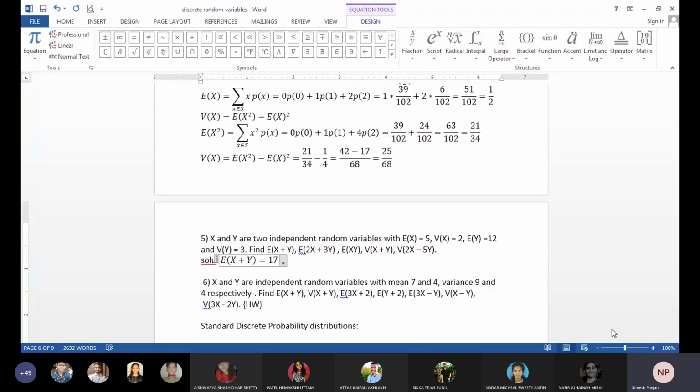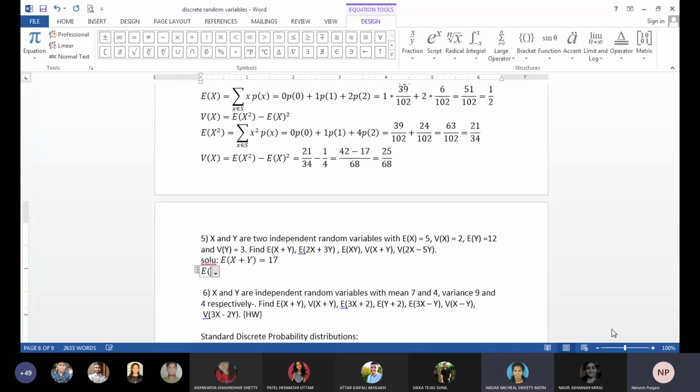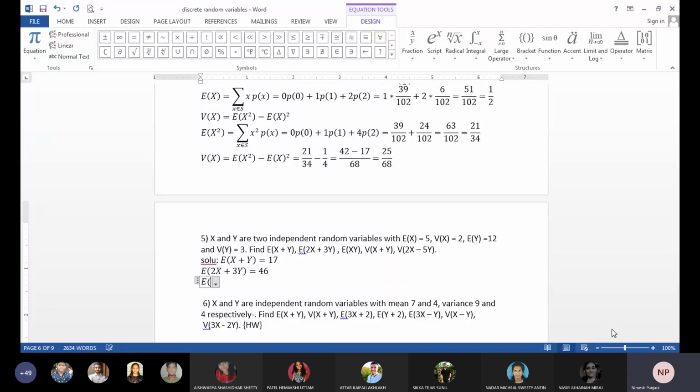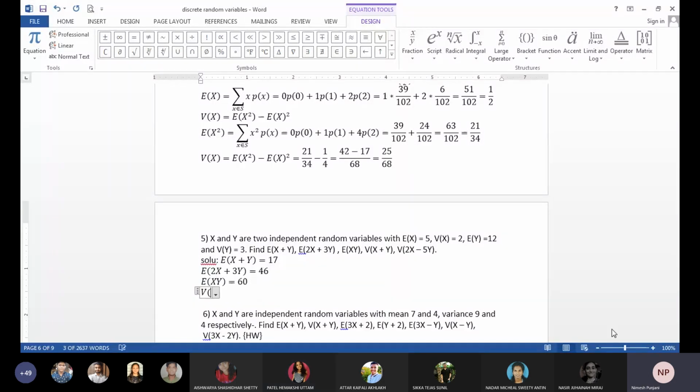Next is expected value of 2x plus 3y. 46. Okay, 46. Expected value of x into y. 60. Okay, 60.